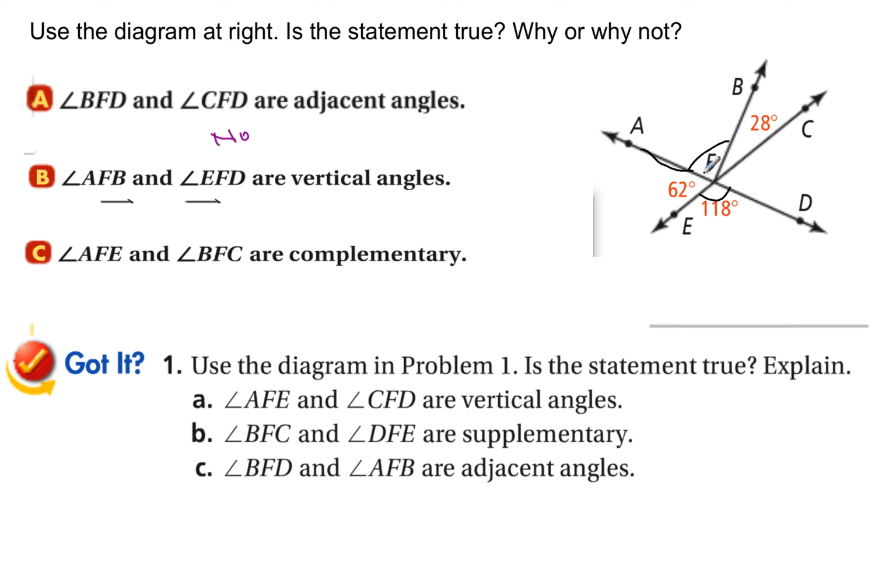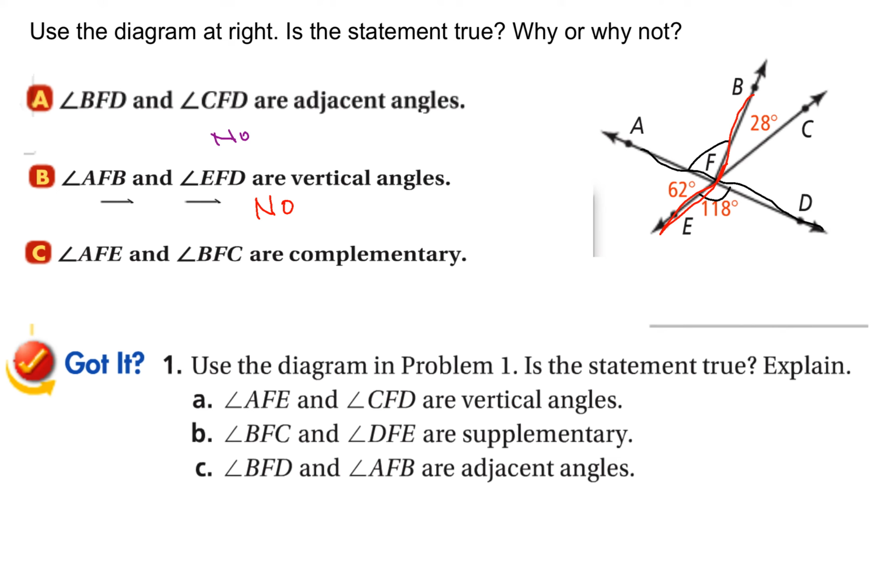Here's one ray, but notice the other ray should look like this, and it does not. The other ray is actually sort of dog-legged. It goes something like this. It's not a ray, it's actually two lines. So this answer is also no, they are not vertical angles.